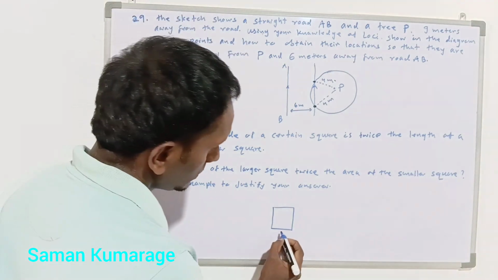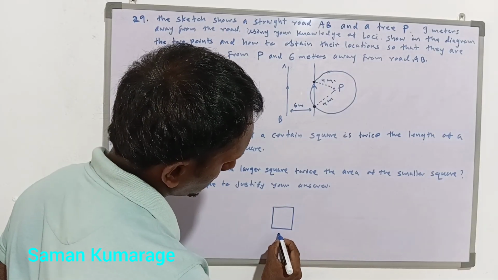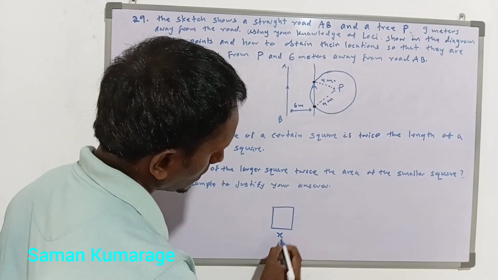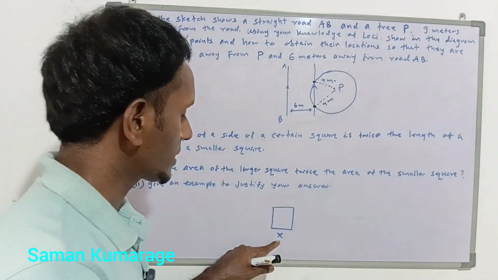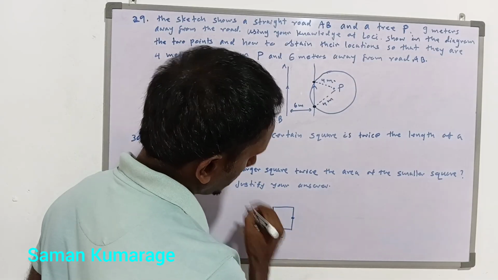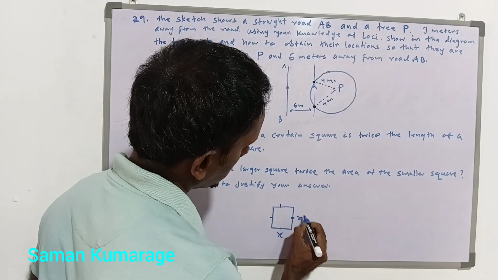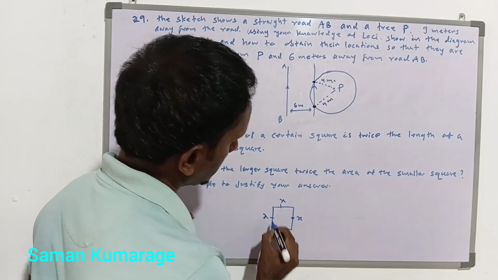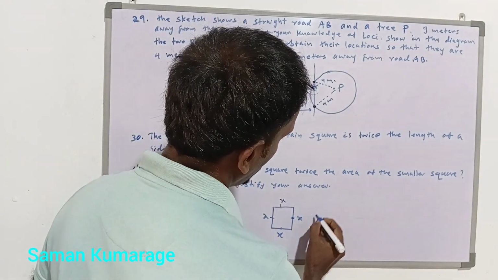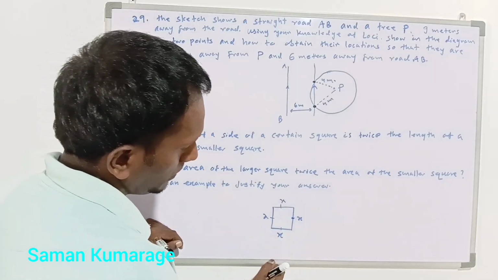So if the side of this square is x, the other three sides are also the same, x, x, x. To find the area, we need to multiply the length by the breadth.